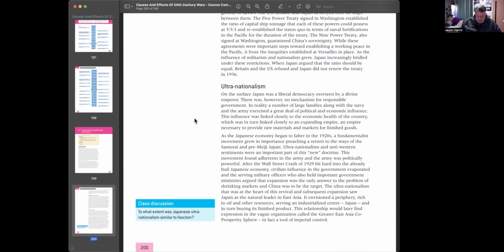As the Japanese economy began to falter, means get worse, in the 1920s, a fundamentalist movement, meaning going back to the roots of something, grew in importance, preaching a return to the ways of the samurai and pre-Meiji Japan.